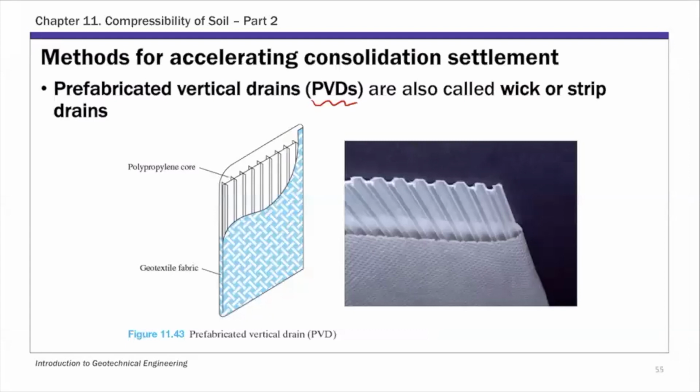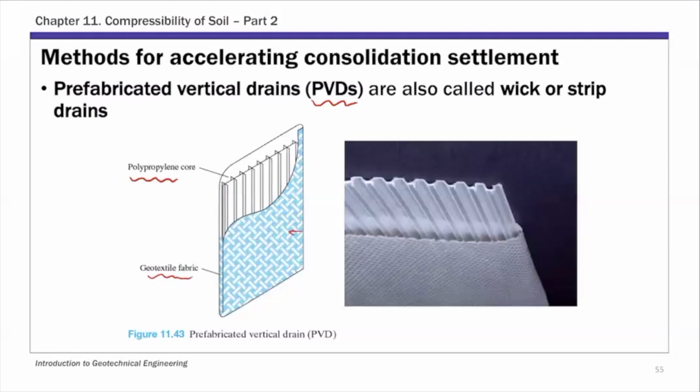In this method, you don't need to pre-drill holes. You have this polypropylene core wrapped with some geotextile fabric, basically to provide that drainage path. And instead of going through the sand drains, water will penetrate this fabric and get drained through these PVDs.